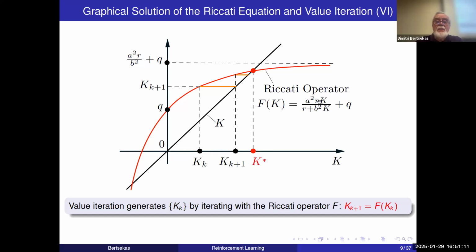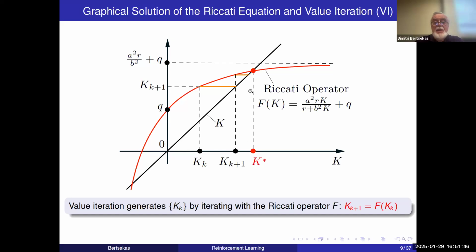And now let's go also to value iteration. Remember, value iteration iterates with the Riccati operator. So at the typical iterate, K_k, we calculate K_{k+1} by going up here. That's f of K_k. Then we reflect this down to the horizontal axis. That's K_{k+1}. And then we get K_{k+2} as f of K_{k+1}.